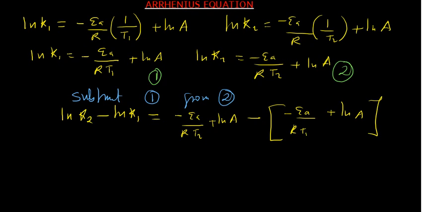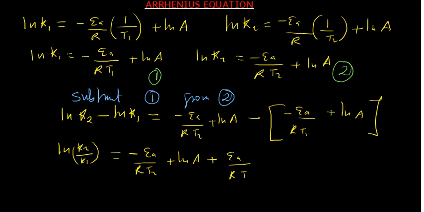So that becomes natural log of K2 divided by K1 is equal to negative activation energy over RT2 plus natural log of A. This times this becomes positive, so that would be positive activation energy over RT1, and then this by that is going to become negative. That will be now negative natural log of A.